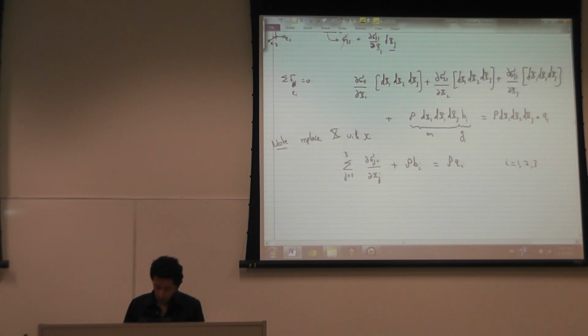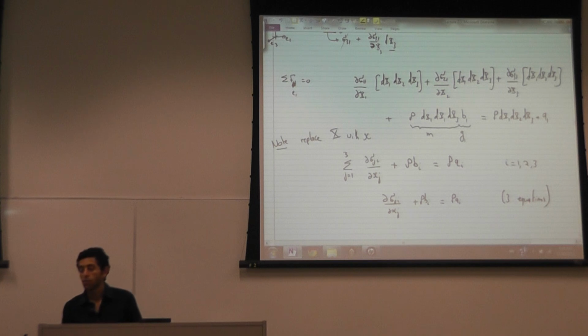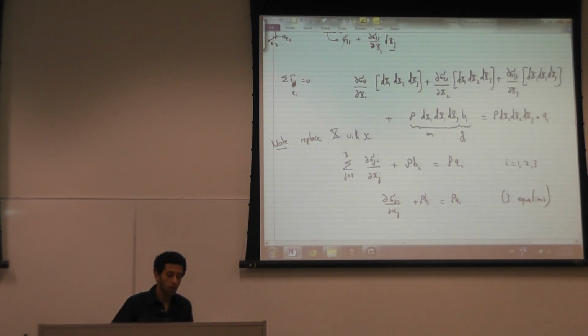If you use the summation convention that we talked about last time, you can write it as partial sigma ji by partial xj plus rho vi equal rho ai. These are the 3 equations of equilibrium: sum of forces in the horizontal direction, the vertical direction, and the third direction.